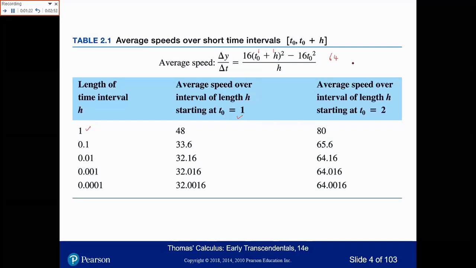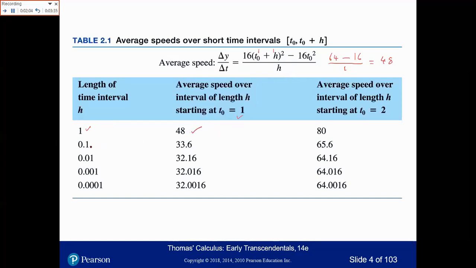Minus 16 times t0. t0 is equal to 1, so 16 times 1 is 16, and this is divided by h. What is h we're taking now? h is 1, right? So this is going to give us 64 minus 16 divided by 1, that is 48. Do the math. So that means the average speed is 48, right?